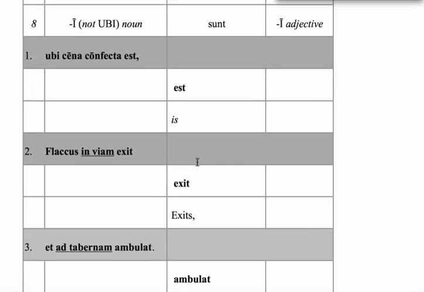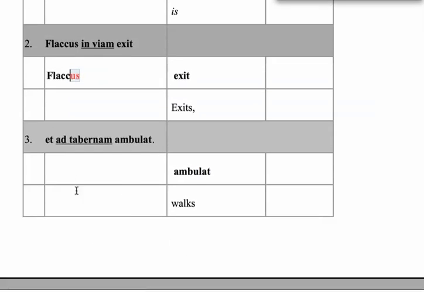The next problem is what is the subject? So to start with the easier ones, Flaccus, US, is a nominative ending, so it will go here. In this sentence, there is no nominative, so there's nothing to put here.